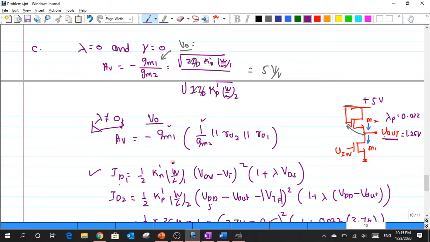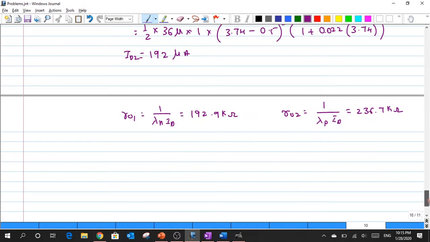Okay, and again, to fulfill this computation, I also need to compute the value of GM1 and GM2 for the current that I derived. So we are yet to perform this computation, which is 2ID by VOV2, and we have already computed the VOV value here. So 3.74 minus 0.5 would give us something like 3.14 at the bottom, 2 into 192 microampere.